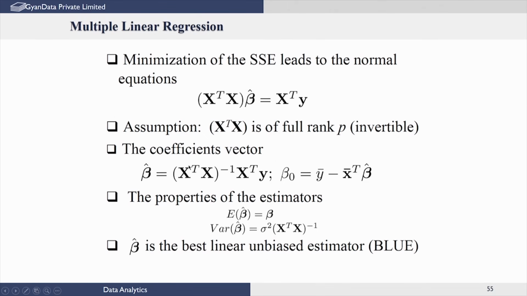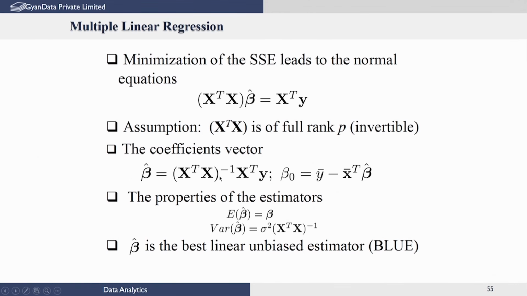You can also compare the solution for the slope parameters with the univariate case, which says beta 1 hat is Sxy divided by Sxx. Notice that X transpose Y represents Sxy and X transpose X represents Sxx. In the univariate case, you are dividing Sxy by Sxx.